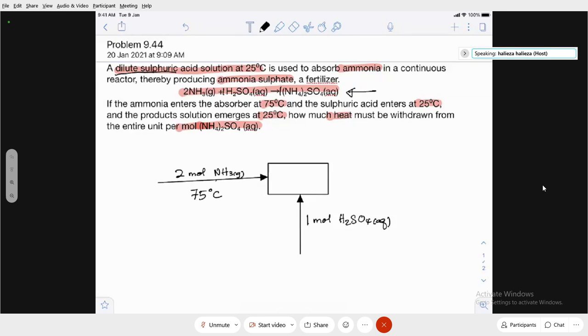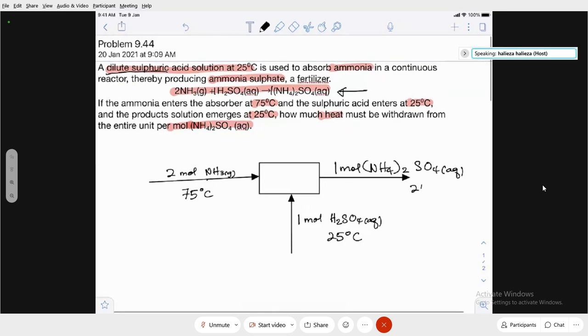We're going to form ammonium sulfate. The question asks for 1 mole of (NH4)2SO4, and it is aqueous, so it's going to be a dilute aqueous solution. So R equals infinity. Then we need to jot down the temperature. The sulfuric acid is entering at 25 degrees C, and your solution is being formed at 25 degrees C.